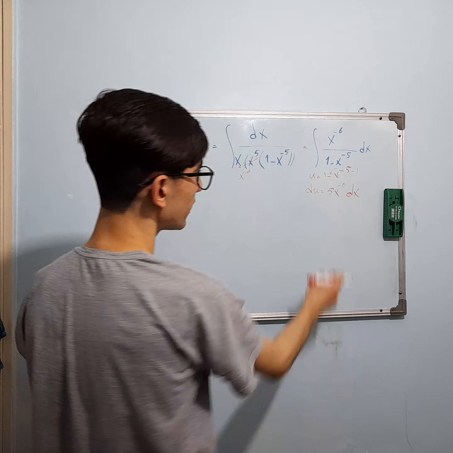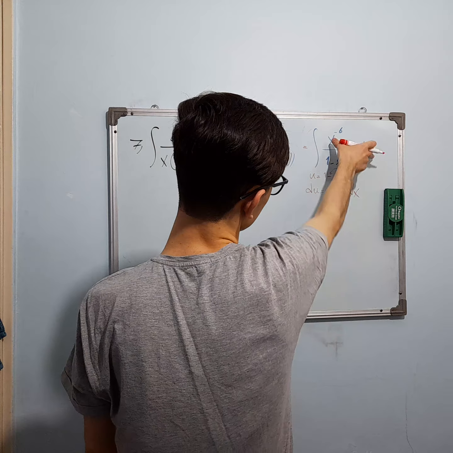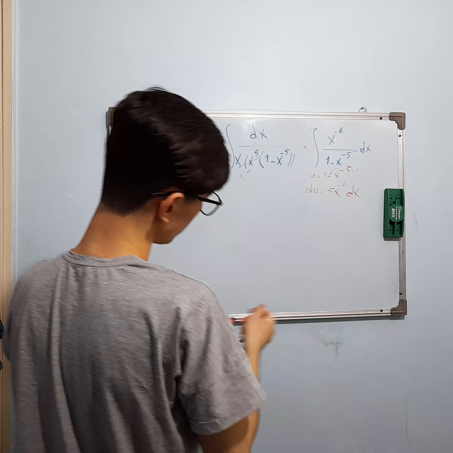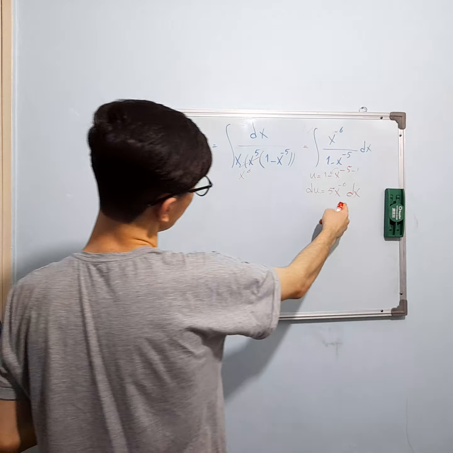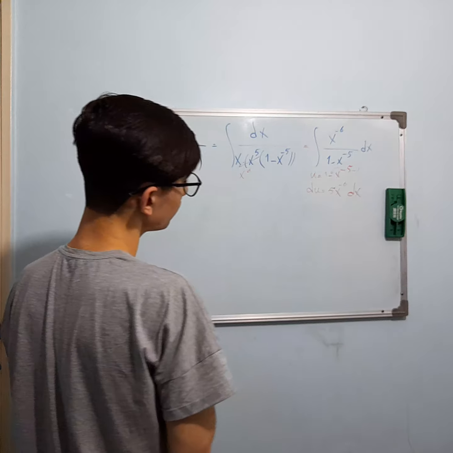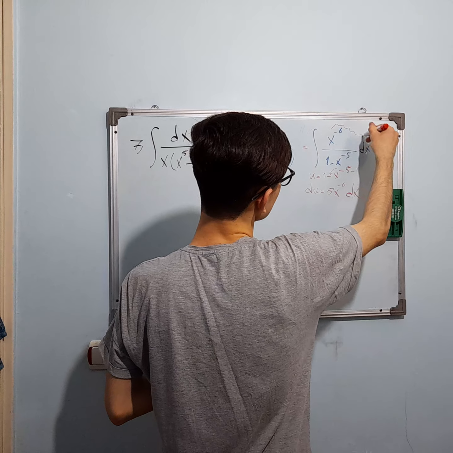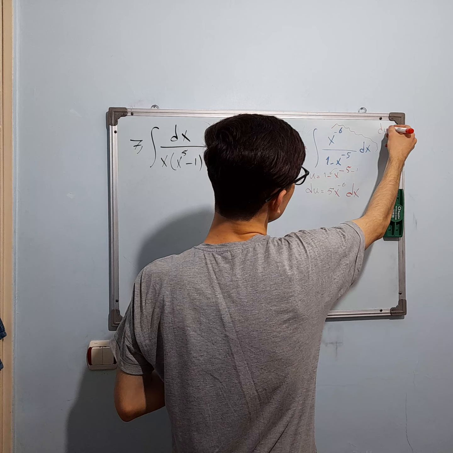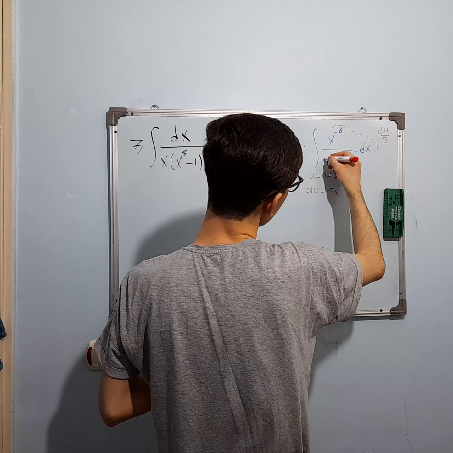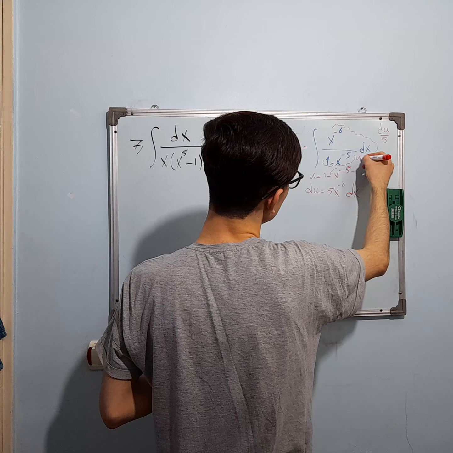And see, x to the negative sixth power dx is here. If I divide everything by 5, it will be du over 5. So this one is du over 5, and this guy is u.